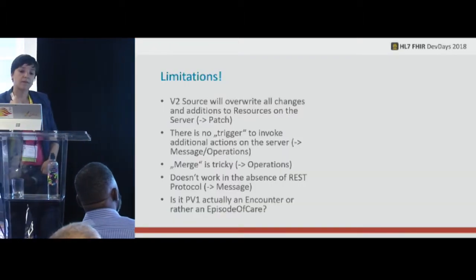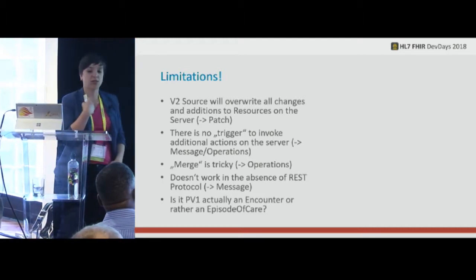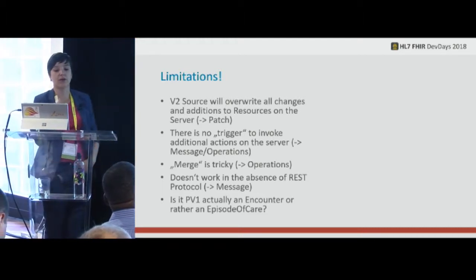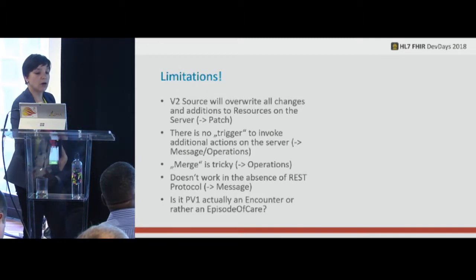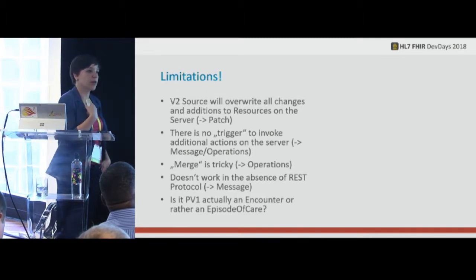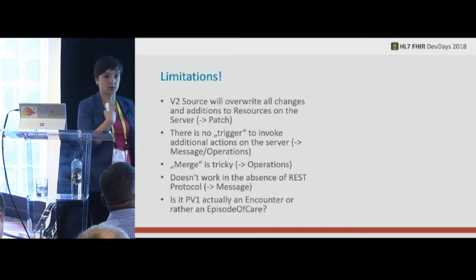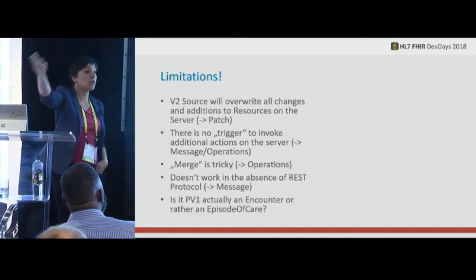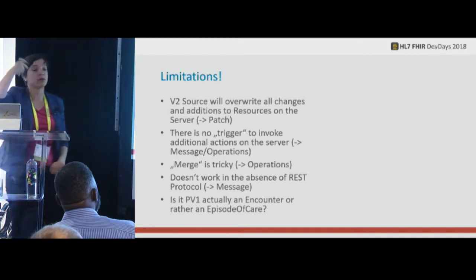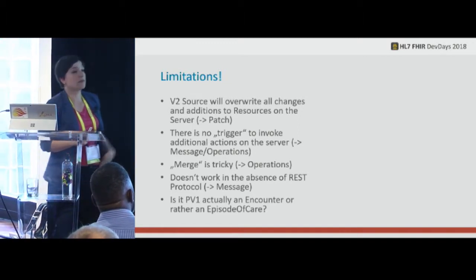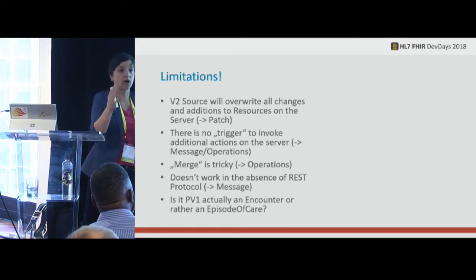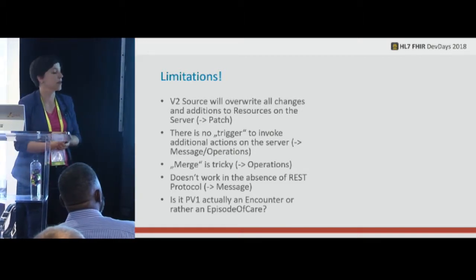So there's a couple of limitations when you're doing this kind of stuff. First of all, the V2 source will always override whatever changes and additions have been made on the FHIR server. So if there are other systems contributing data, maybe changing the patient, updating the patient resource, the V2 system will always override whatever has been changed there.